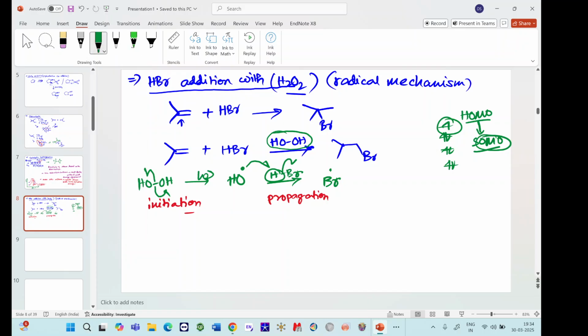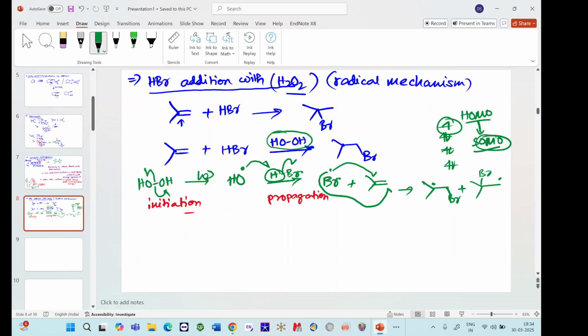What can happen? It can go to another HBr, or it can go to the alkene. It can go either here, or in this case. So you can get either this radical, or, in this case, bromo here and the radical here.